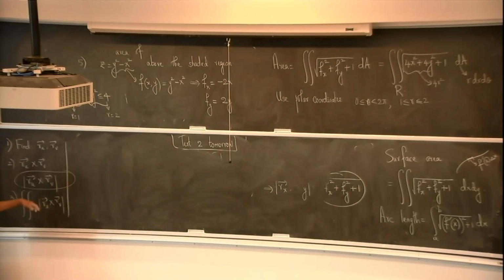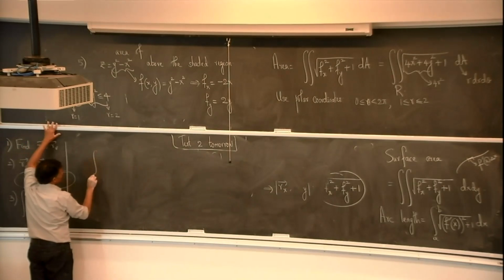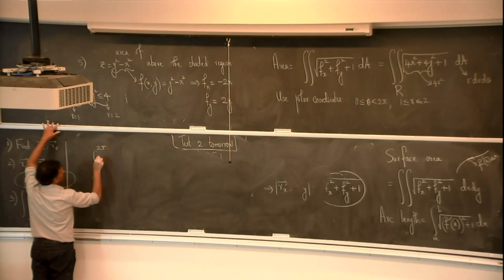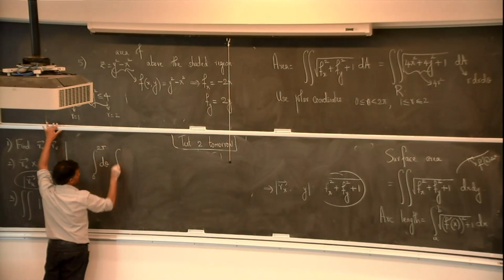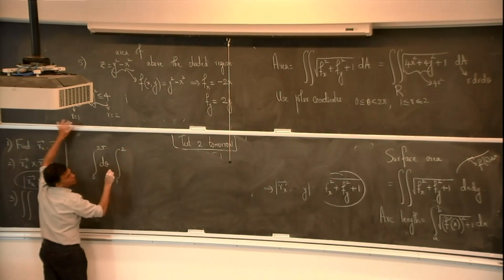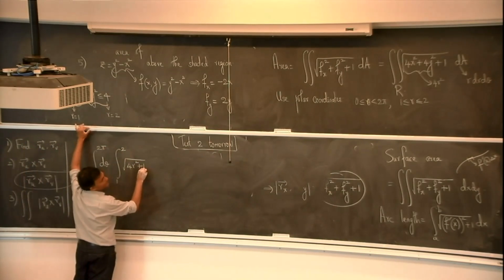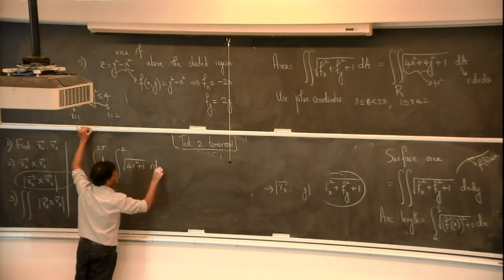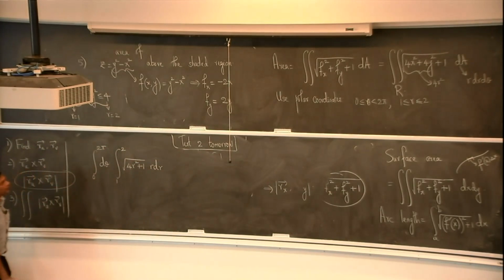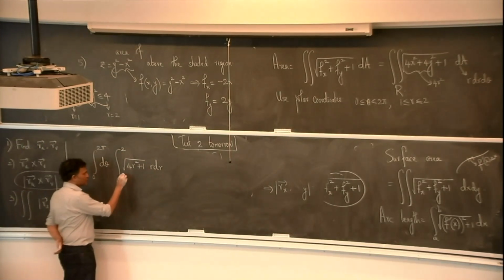Okay, let's do the integral now. That's going to be 0 to 2 pi d theta and 1 to 2 square root of 4r squared plus 1 r dr. This looks very familiar to me.